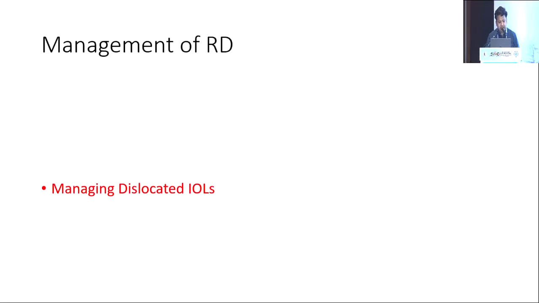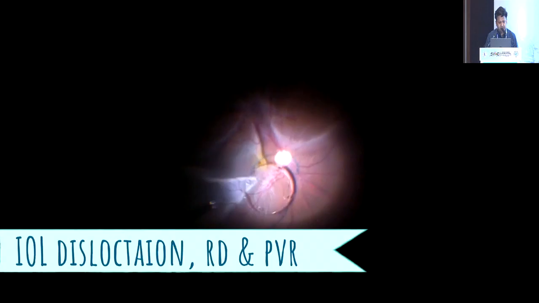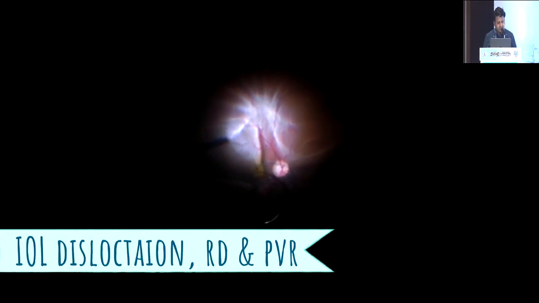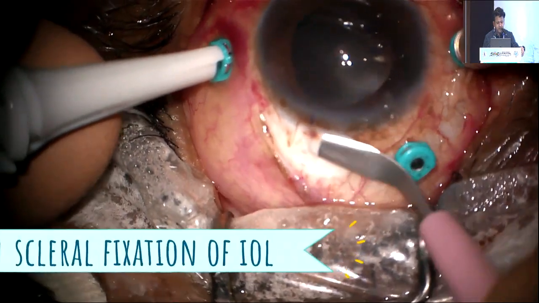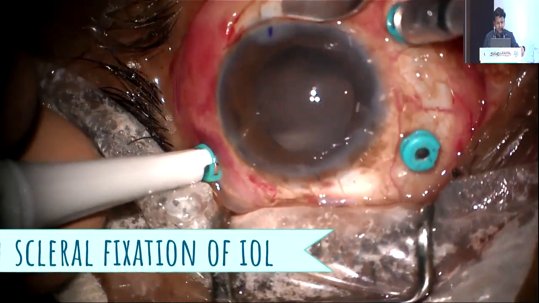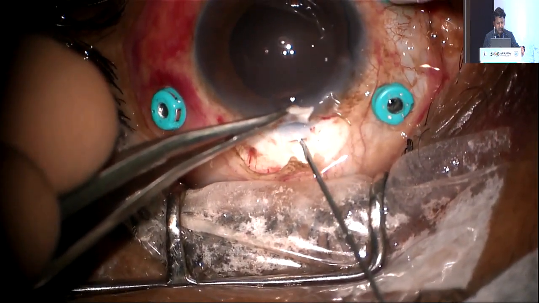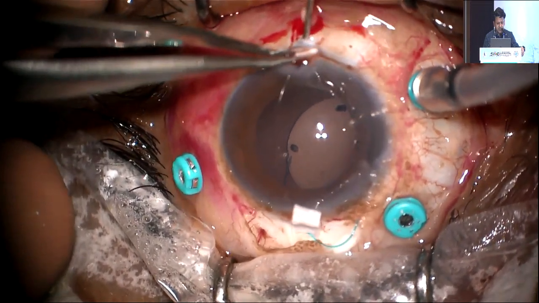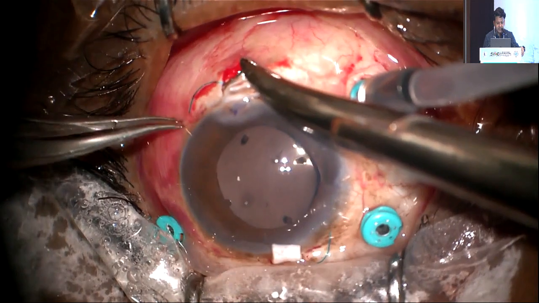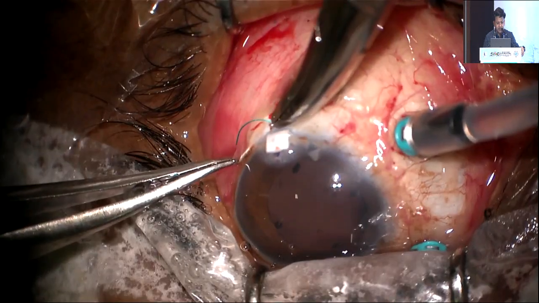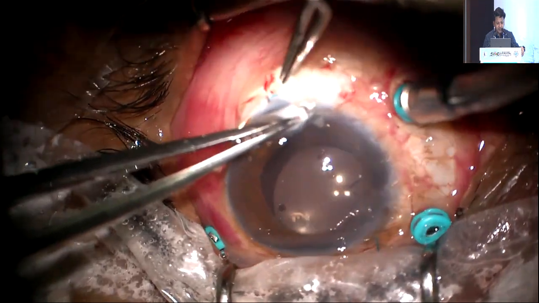So managing dislocated IOLs with retinal detachment, again, there will be a problem. Sometimes these lenses, because again there is a PCO, in most of these cases this lens will dislocate. And this was a 3-piece lens, and we could refixate it. The same lens, we can do a scleral fixation of. I generally make the pockets and put the haptics in there.